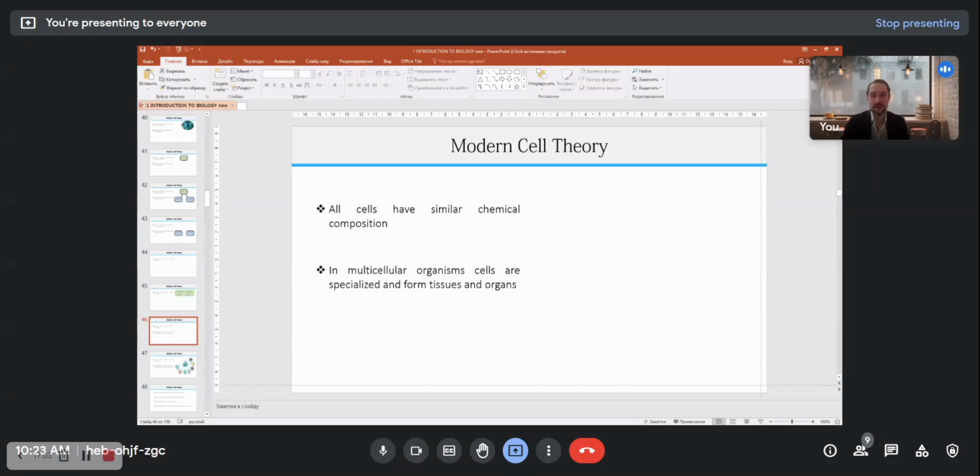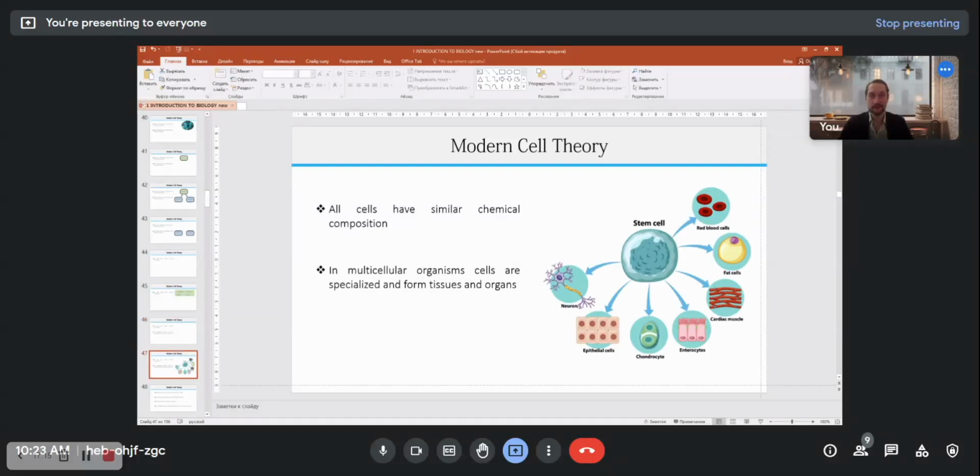So multicellular organisms do not have absolutely identical cells throughout the whole body, but they have specialized cells that form different types of tissues capable of performing different functions. And different types of tissues form different organs.